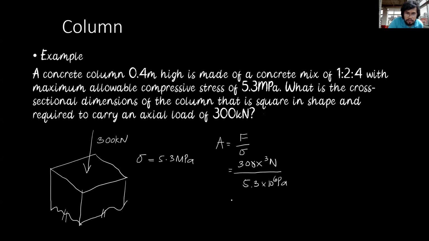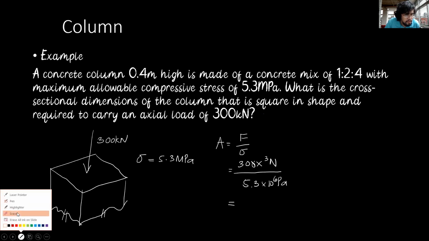And so we have, using my calculator, 300 divided by 1,000, 300 times 10 to the 3 divided by 5.3.